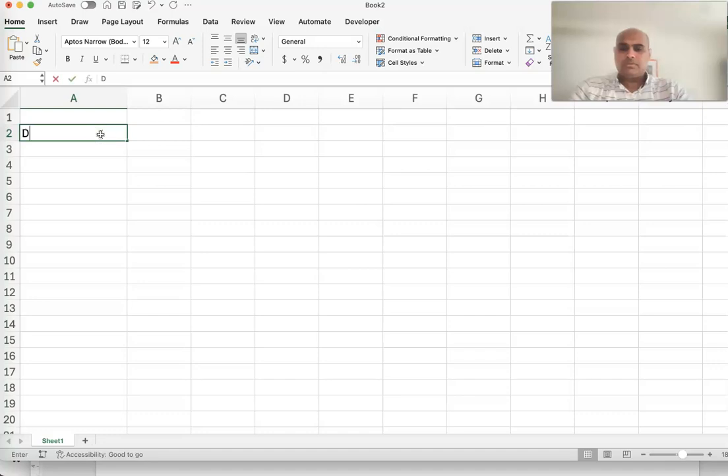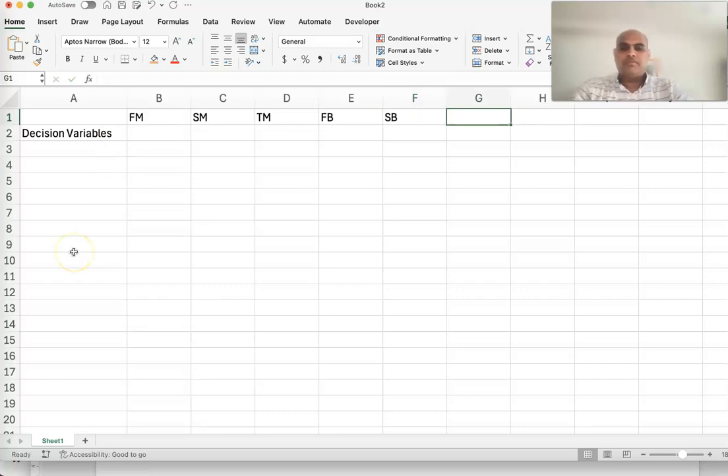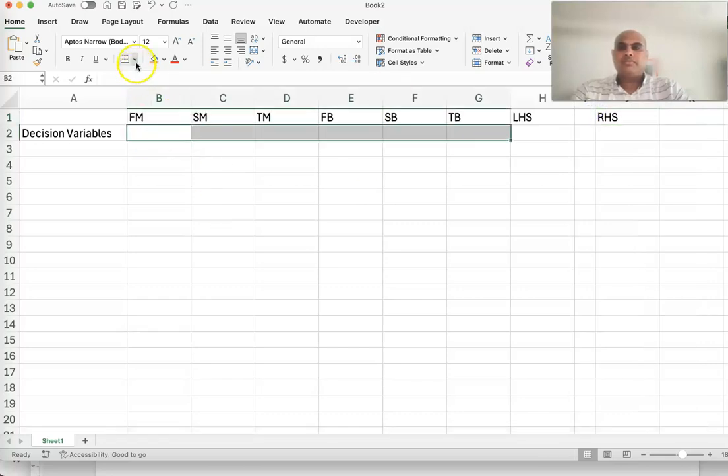Decision variables: we have FM, SM, and TM for frames, supports, and straps manufactured, then FB, SB, and TB for frames, supports, and straps that are bought from outside. And of course, we have the left-hand side, right-hand side, the usual. So these are my 6 decision variables right there.